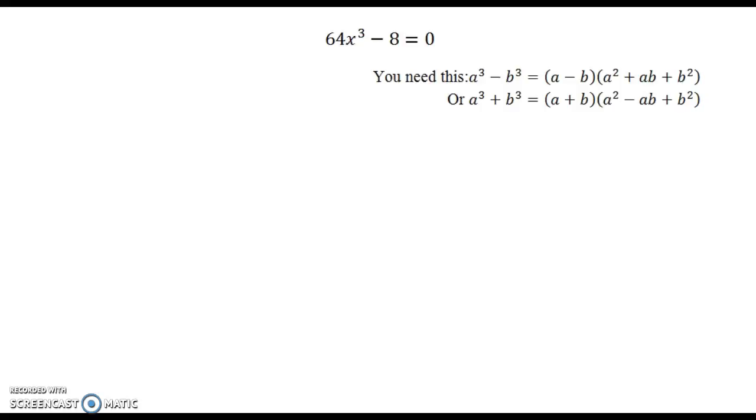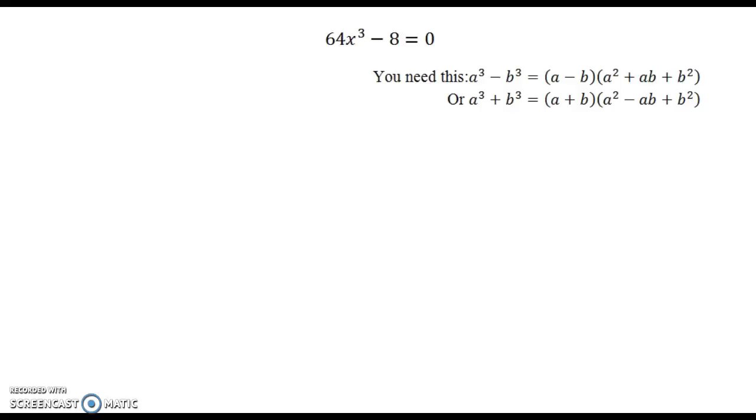If I have a GCF, you can certainly factor that out, especially if there's a variable with an x that you need to factor out. In this case, we're going to use one of the two formulas for the difference of cubes or the sum of cubes. And you use them exactly the same way. And yes, I will put them on the board for the quiz on Friday, so don't panic, because I don't expect you to have them memorized yet. But I do want you to practice with them.